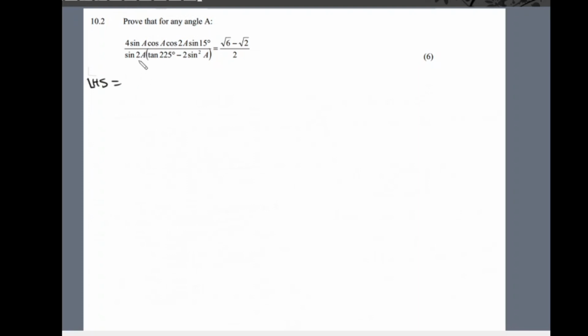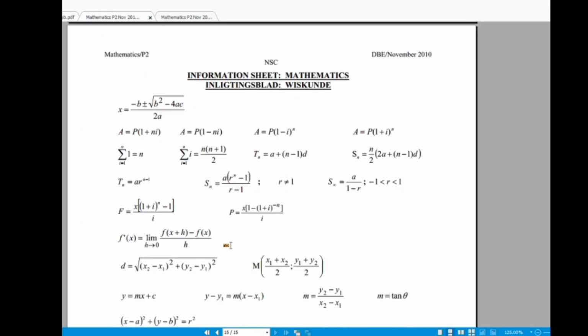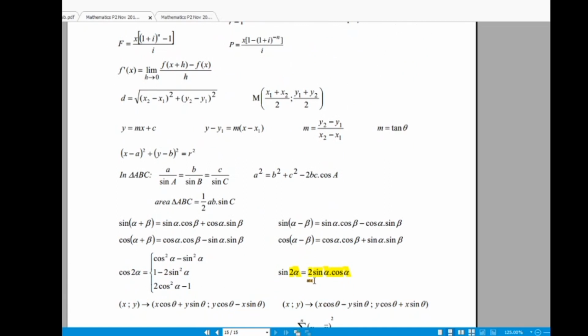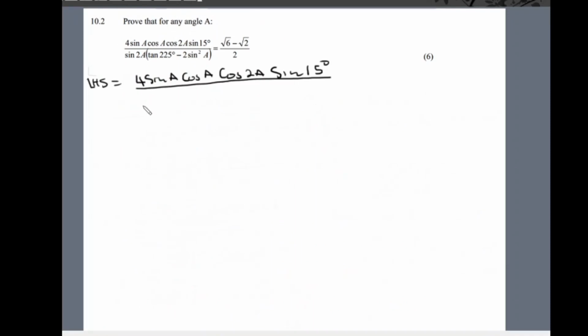So now to simplify the left hand side, in the numerator we'll have 4 sin A cos A times cos 2A times sin 15 degrees, divided by sin 2A, and then again going back to our formula sheet, we know sin 2A is equal to 2 sin A times cos A. So there we'll have 2 sin A cos A, right?